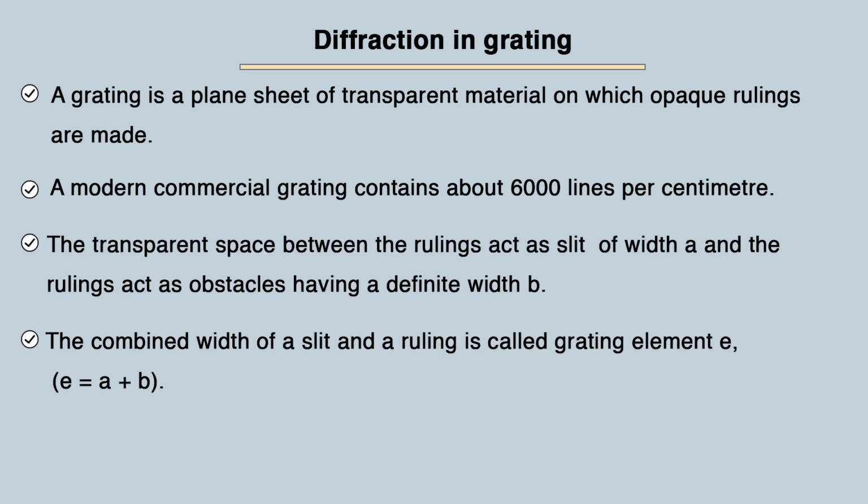The transparent space between two rulings acts as a slit of width A, and the rulings act as obstacles having a definite width B. This A plus B is represented by e, and is known as the grating element. So, in the formula 2d sin theta equals n lambda, the 2d is replaced by this grating element e in the experiment.